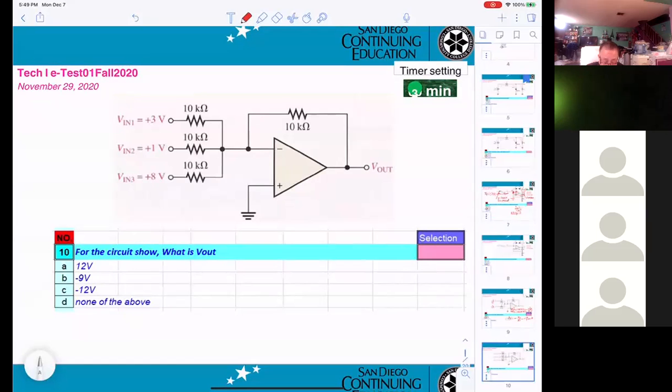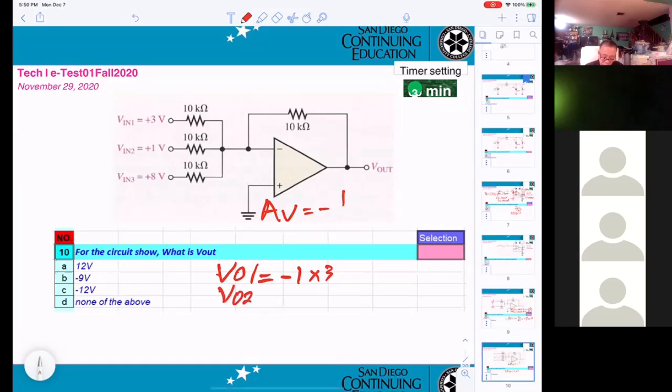This is the same question, same thing. You have to get the gain, 10 divided by 10, gain equals minus 1. AV minus 1 means you take 10K divided by 10K. Then you calculate VL1 equals minus 1 times 3. VL2 equals plus 1, minus 1 times 1.